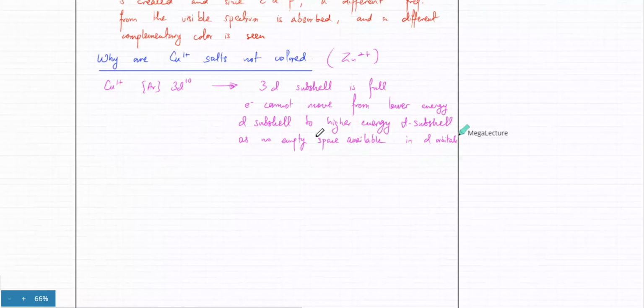Because that question might also come. What we're going to talk about now is that if you have different shapes of complexes, the splitting pattern is going to be different.